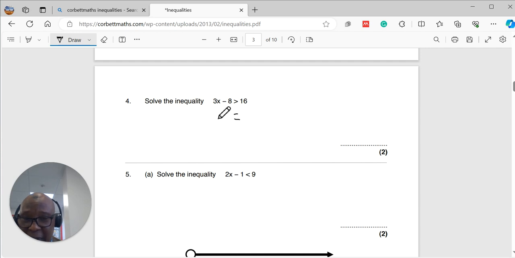If you're doing the juggling method, throwing the numbers or unknowns either side of the equal sign, we've got 3x is equal to 16, change my side, change my sign, therefore it's plus 8. So we've got 3x must be equal to 16 plus 8, which is 24. Now divide both sides by 3. x is equal to 24 divided by 3, and that means x will be equal to 8.